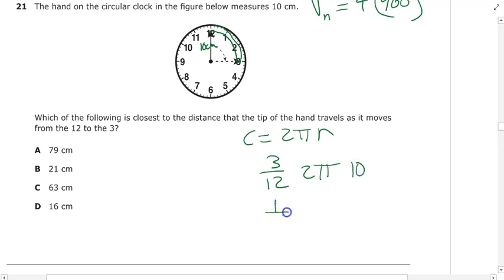So that simplifies to 1/4, which makes sense. That's 1/4, or 90 degrees out of 360 is 1/4 as well. 2 pi 10. So 1/4 of 2 is 1/2. 1/2 of 10 is 5 pi. Should be about 16 on that one if you plug it in your calculator.